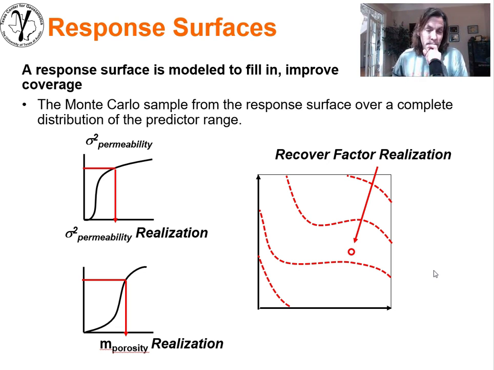What are we missing? We have not accounted for the relationship between permeability variance and the porosity. We've assumed independence between them. To be honest, most workflows that do this, response surface Monte Carlo resampling or sampling, do not account for the multivariable cross relationships.